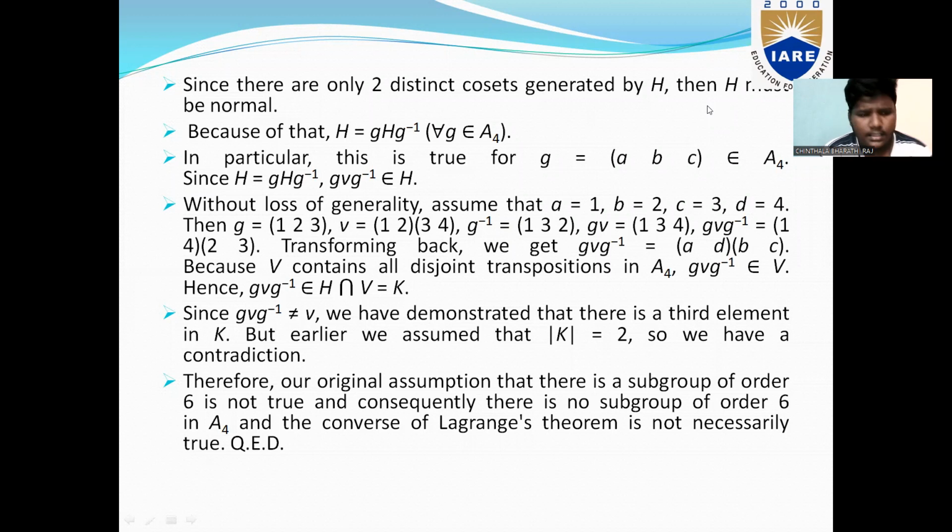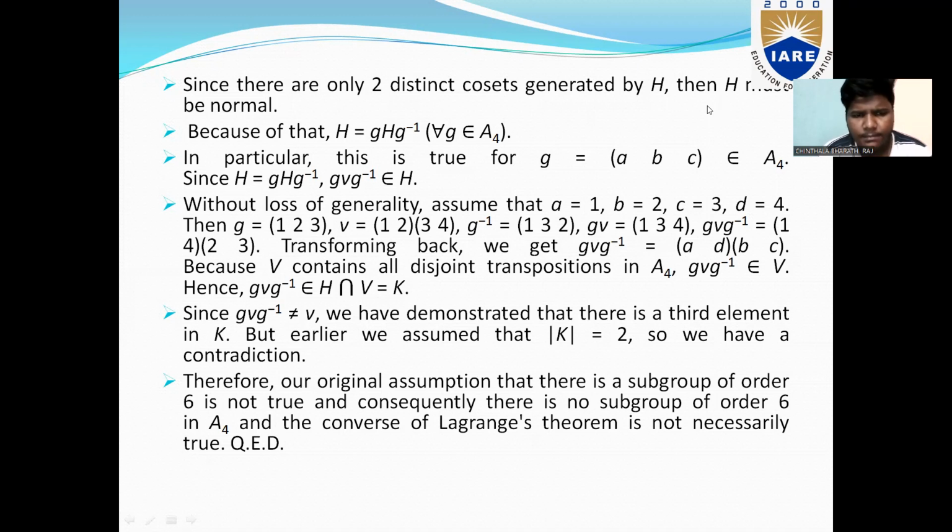In particular, this is true for g equal to (a b c) belonging to A4, since H equals gHg inverse, gvg inverse belongs to H. Without loss of generality, assume that a equals 1, b equals 2, c equals 3, and d equals 4.